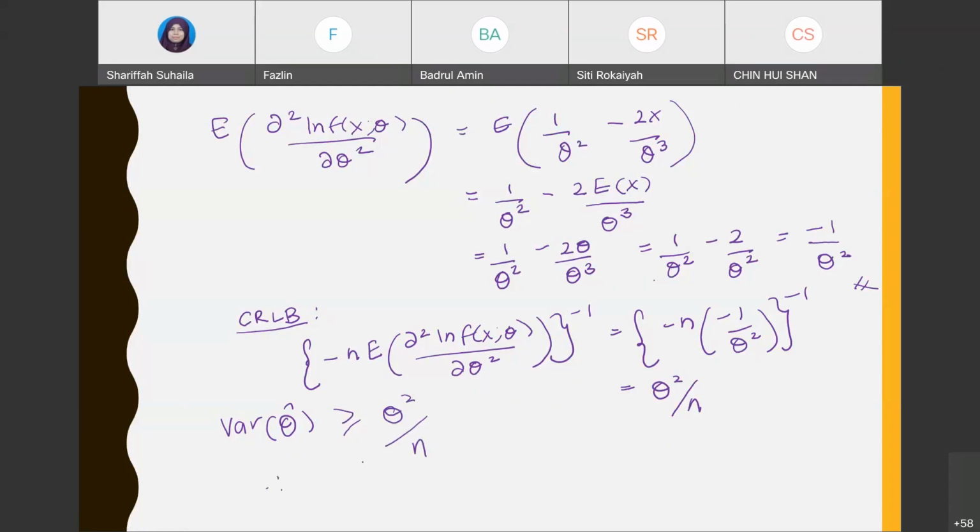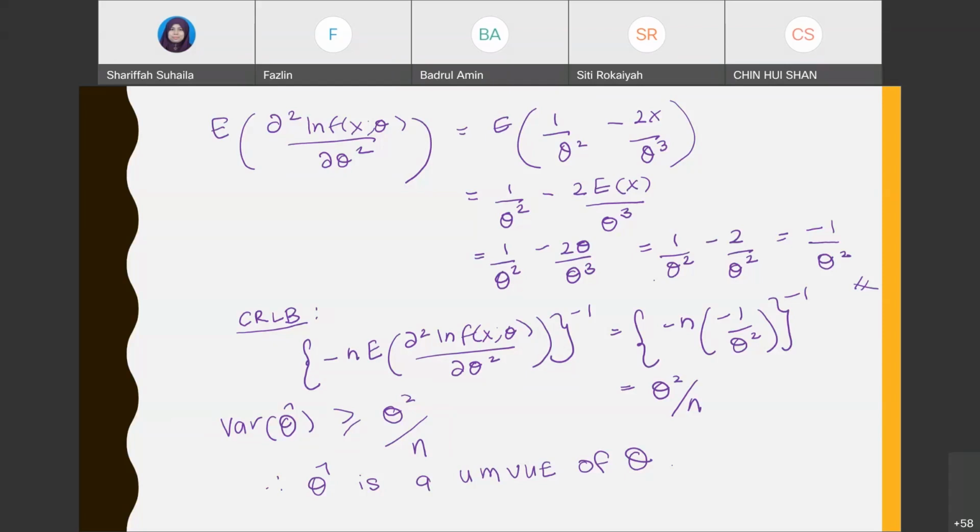So dalam kes ni, theta hat is a uniformly minimum variance unbiased estimator of theta since it attains the Cramer-Rao lower bound. Attains the Cramer-Rao lower bound maksudnya value kamu tu boleh sama juga ataupun lebih besar lah, greater than or equal lah ya. Biasanya kebanyakannya adalah sama dengan equality.